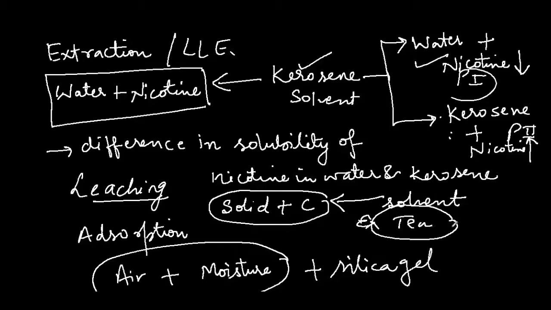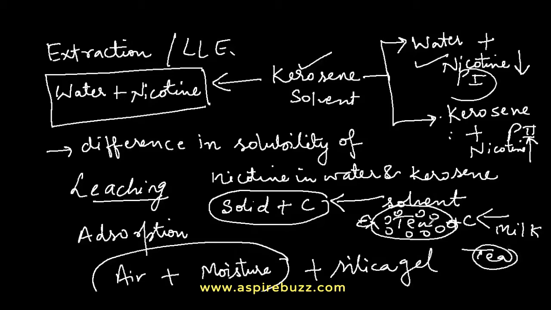The solid tea has granules which contain some component C, some material of tea that you want to extract. You send the milk here, and the milk absorbs the tea from the solid particles and you get a solution of tea, while some tea is still left in the solid. So what we have done is leaching, which is the same as liquid extraction.